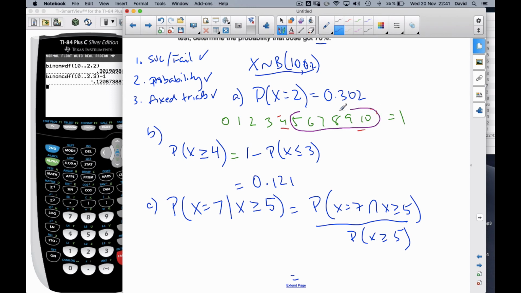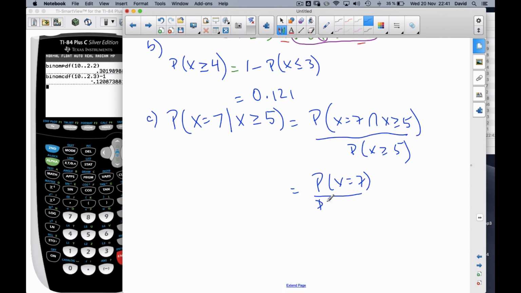I want the intersection of bigger than or equal to 5 and of 7. Well, it's only the probability of 7. And so it's going to be the probability of 7 over the probability that X is bigger than or equal to 5.